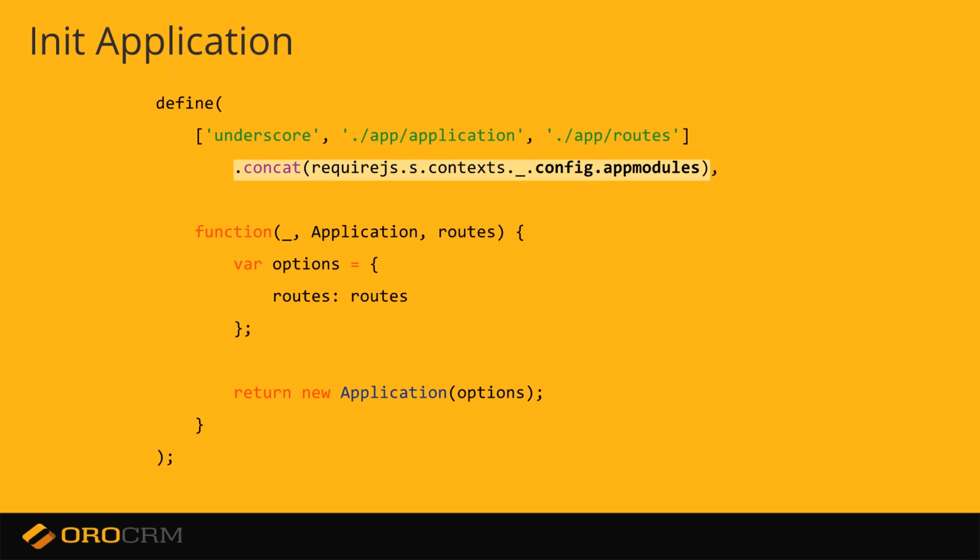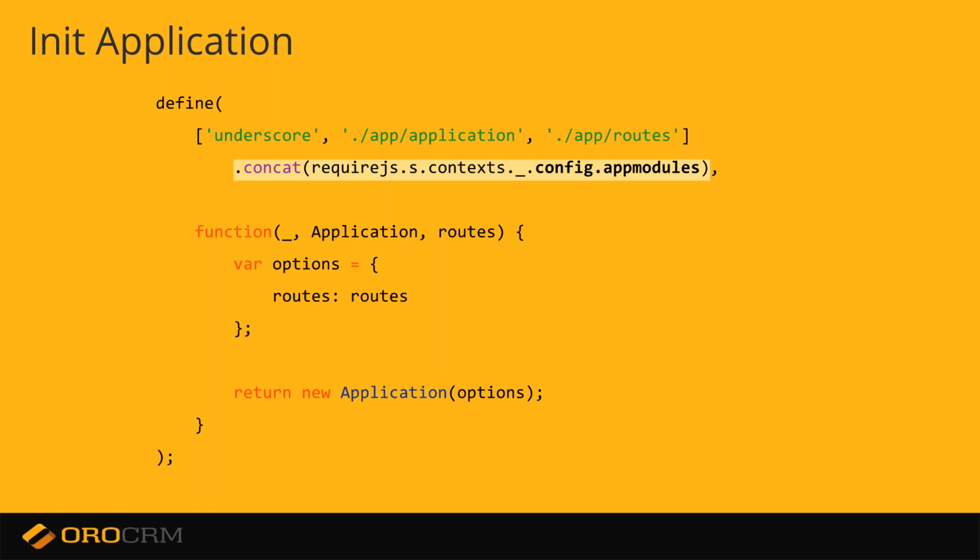Part of it is static, and after that it is extended with the modules list in the AppModule section of the RequireJS configuration. These are a specific kind of modules. They export nothing. They are created to configure the application before it starts.